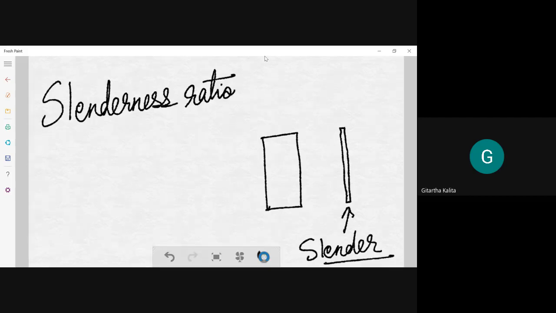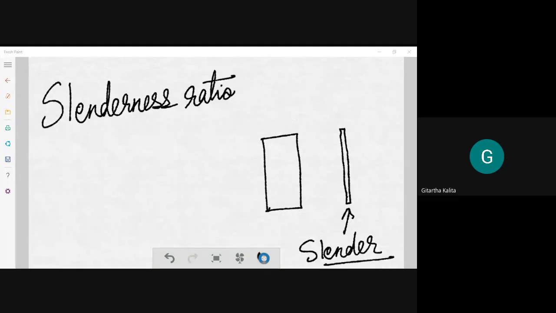So slenderness ratio basically determines how weak the column is. If the slenderness ratio is high, then the column is weak. The more slender the column is, the more value we get for slenderness ratio. Okay, so that is done.